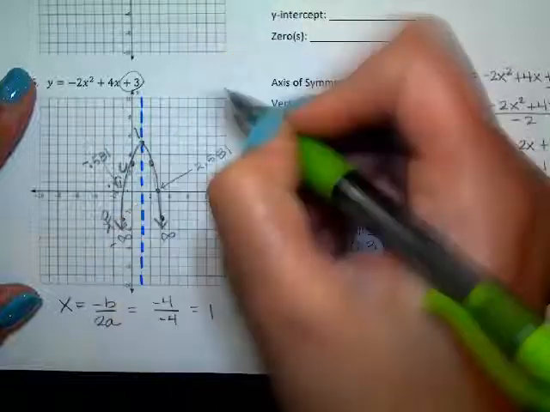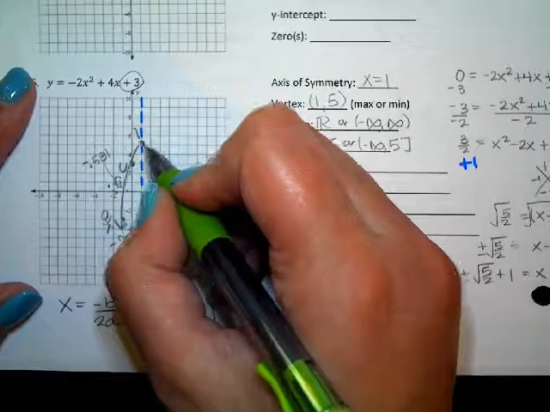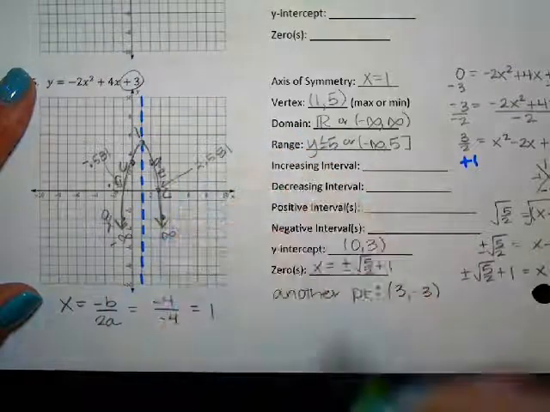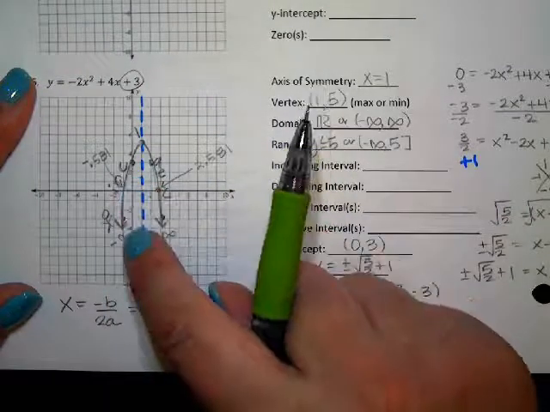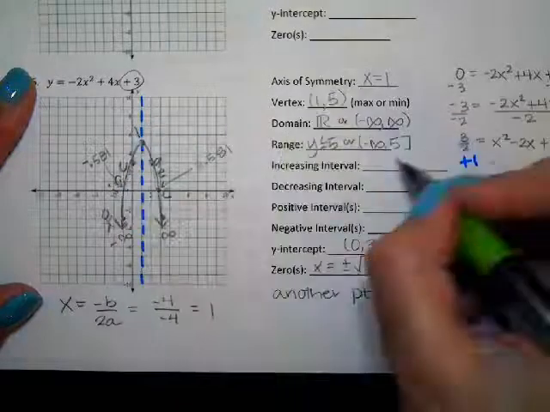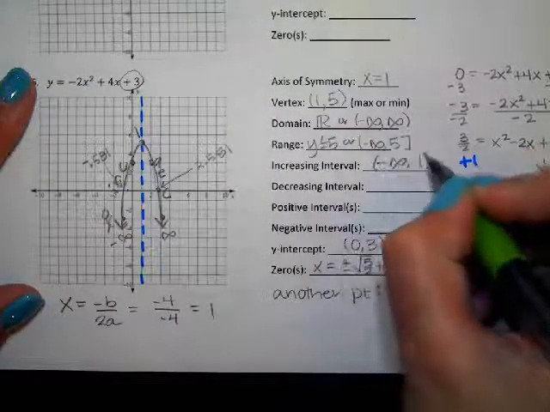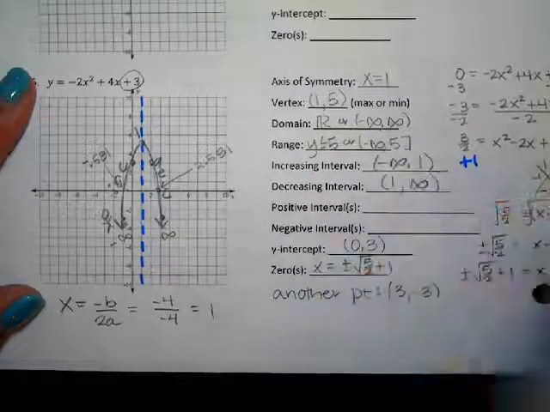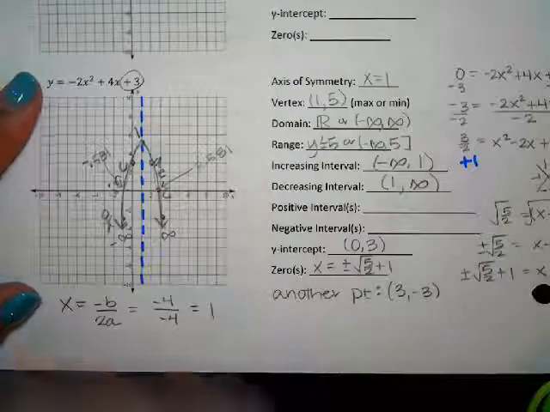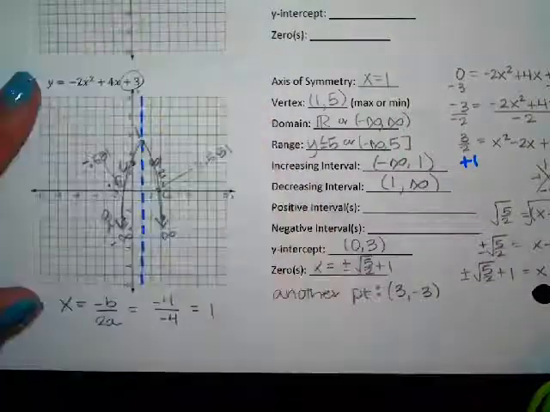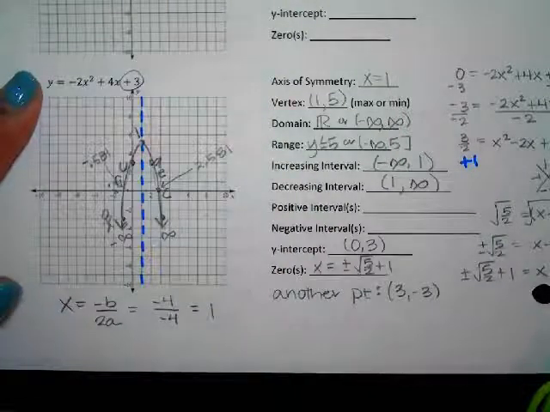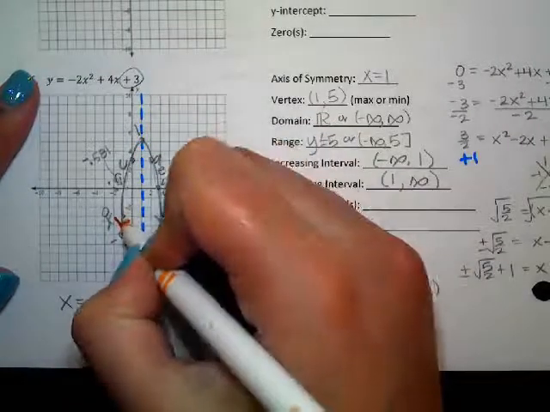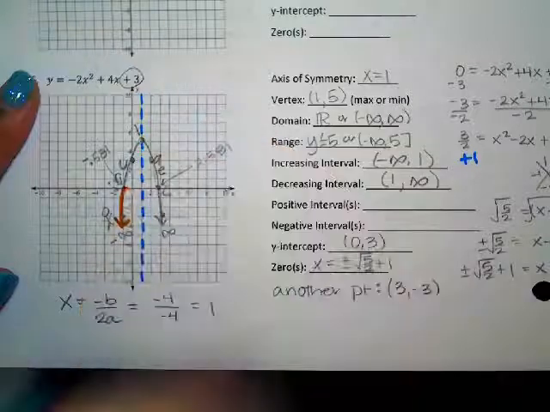All right, our negative interval is the part that is underneath the x-axis. So that's going to be from negative infinity up to that x-intercept at negative 0.581. So negative infinity to negative 0.581. And then the other negative interval is from the other x-intercept, the 2.581, to positive infinity.